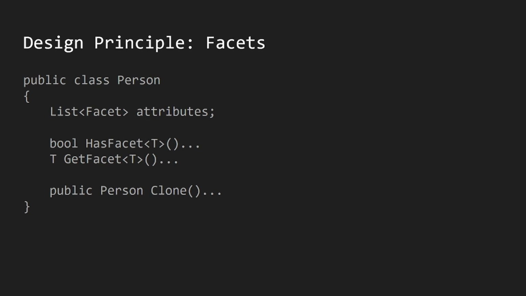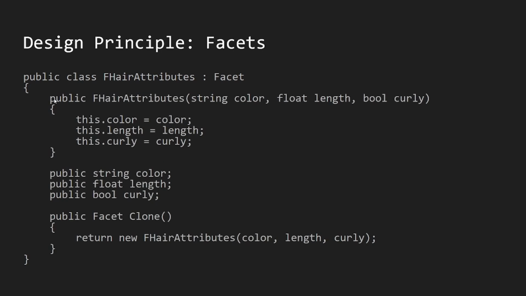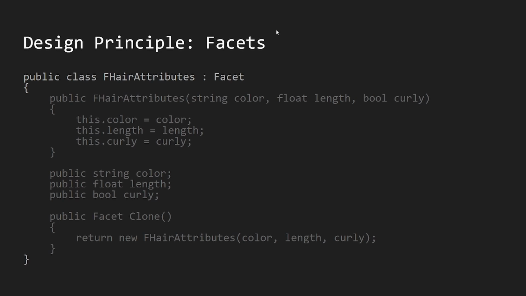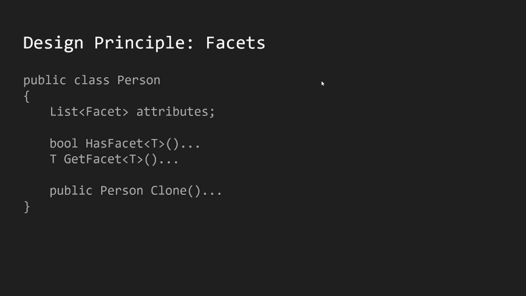All of these different facets that you'll end up writing might not be in a certain person, but you can make any combination. Make someone that has a name and is married and has hair, someone who has a name and is married but doesn't have hair, someone who's not married, so you don't add the married facet, so they just have a name and hair. This is where we're going to get into the code.